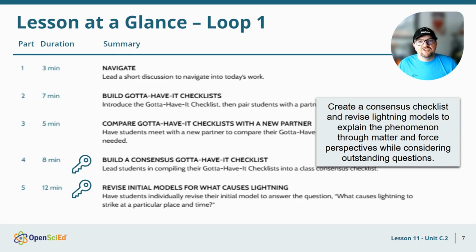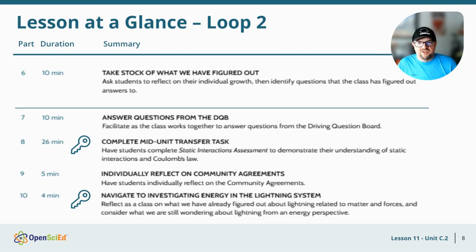However, as they finish their individual model revisions, there should start to be a healthy level of uncertainty to naturally begin to emerge. They should realize that they cannot explain the thunder or the light that they see, leading them to wonder how energy connects these forces. We'll revisit these key instructional strategies for this loop in our key moments and tips and tricks sections of this video.